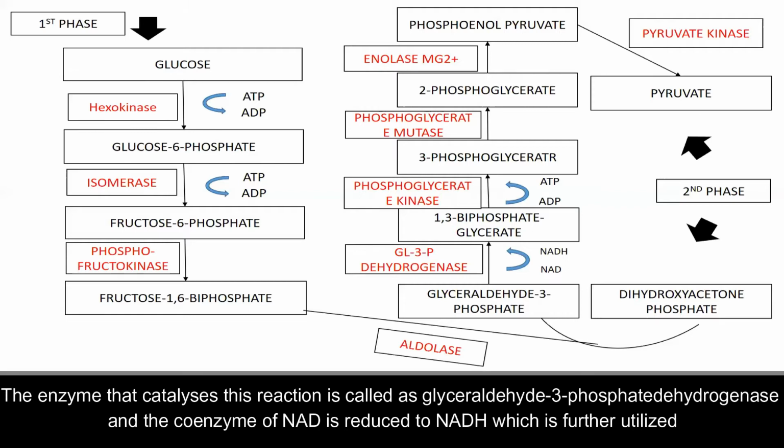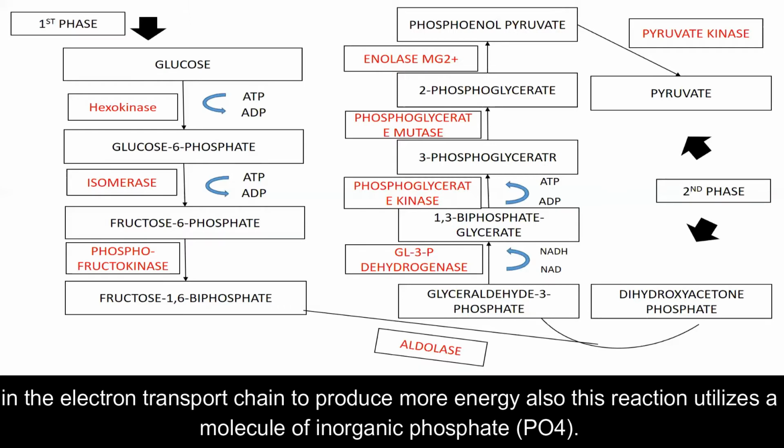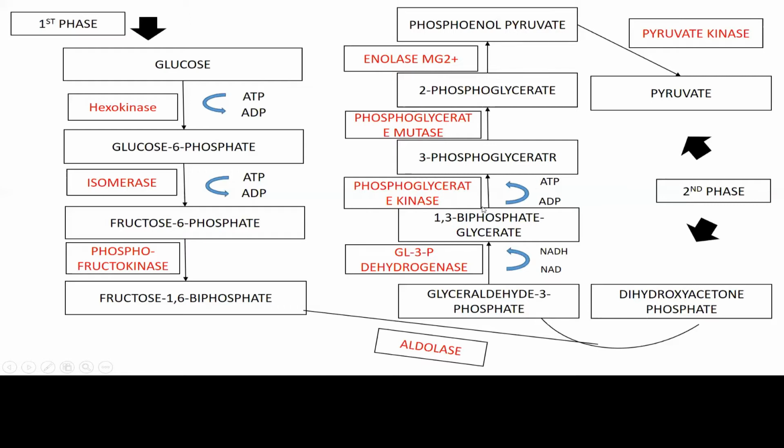The enzyme that catalyzes this reaction is called glyceraldehyde 3-phosphate dehydrogenase, and the coenzyme NAD is reduced to NADH, which is further utilized in the electron transport chain to produce more energy. Also, this reaction utilizes a molecule of inorganic phosphate.